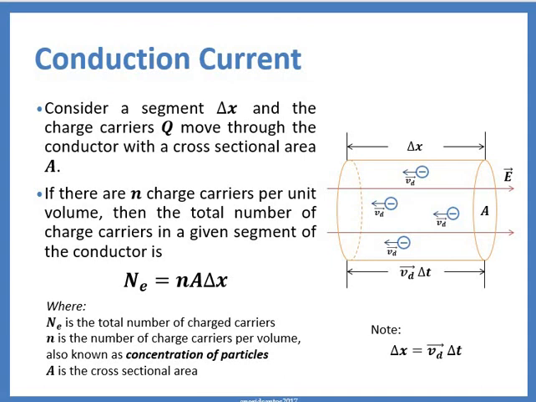Let's consider a segment Δx with charge carriers q moving in its direction through the cross-sectional area A. If there are n charge carriers per unit volume, the total number of charge carriers in a given segment of the conductor is n times the volume of the conductor, which is A times the length of the conductor, Δx.